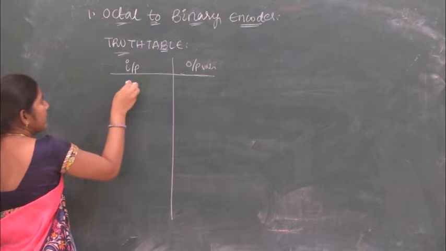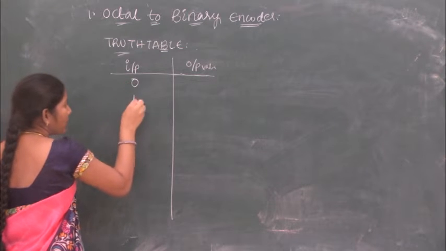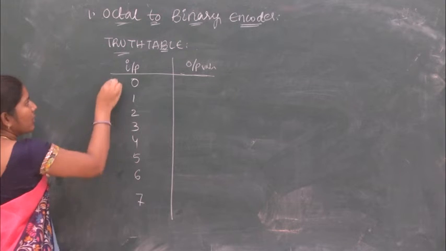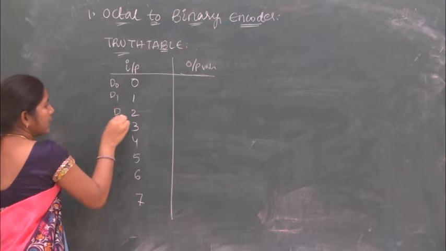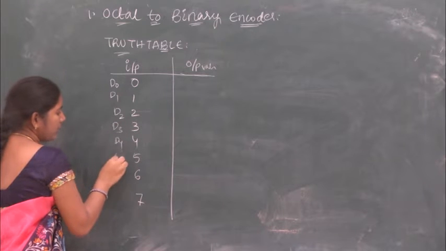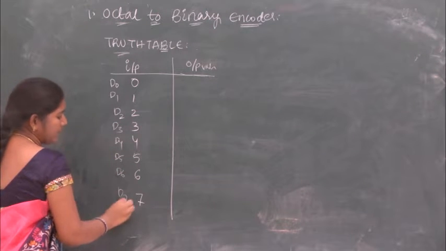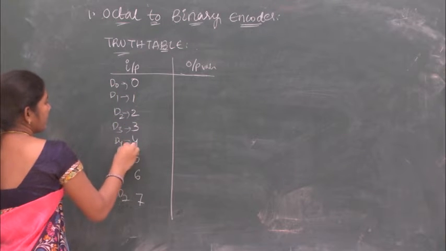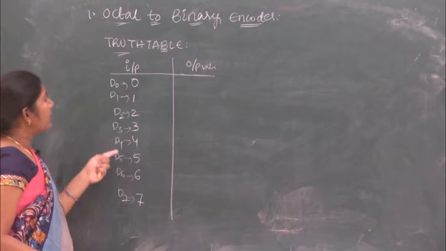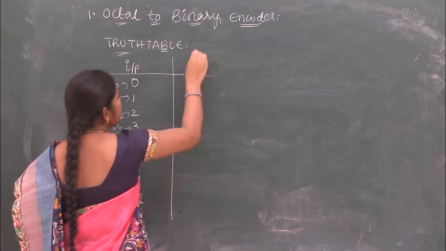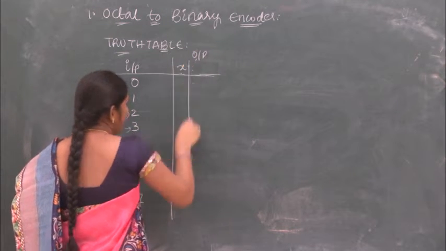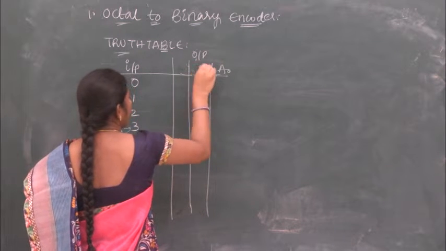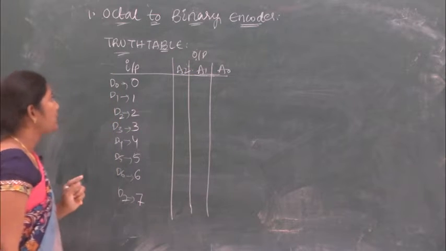Octal numbers, which are always 0, 1, 2, 3, 4, 5, 6, 7. So I am considering it as data D0, D1, D2, D3, D4, D5, D6, D7, which are the inputs. To represent this octal number, at least we require 3 digits, right? So I am taking it as A0, A1 and A2.